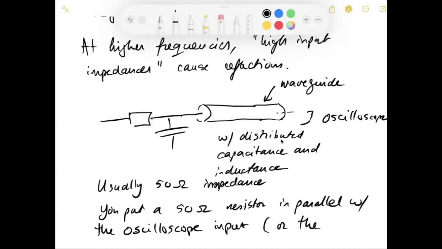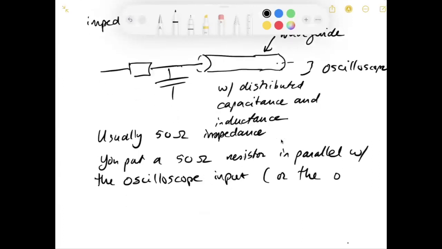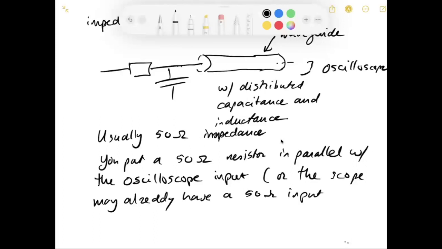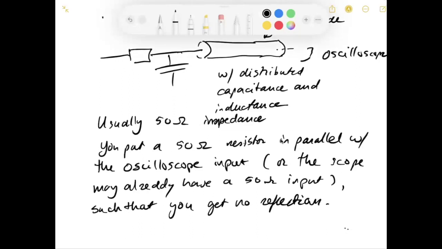Or the scope may already have a 50 ohm input. Some of them you can select it, such that you get no reflections. And that means that you can cleanly get the signal out of your device.